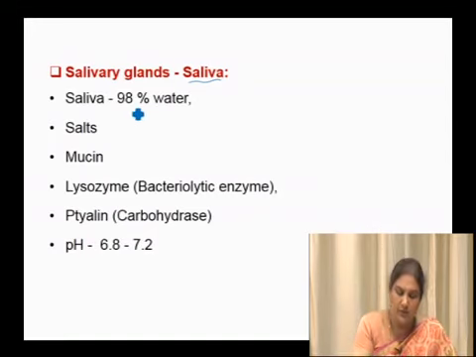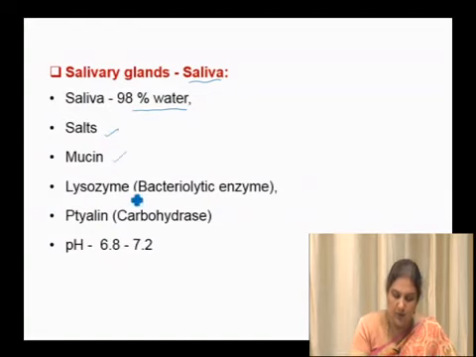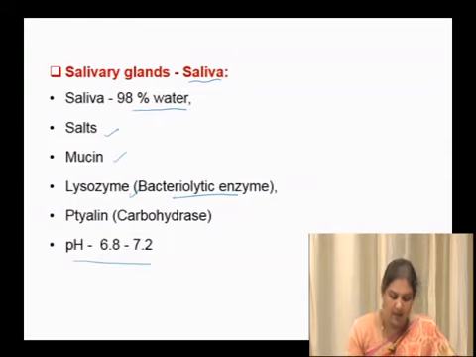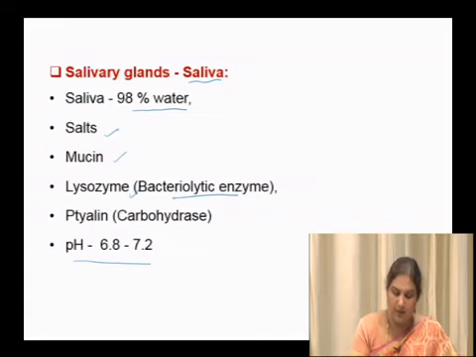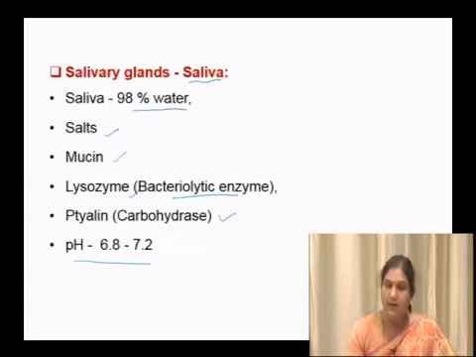The composition of the saliva is 98% water, the remaining is salts, mucin, lysozyme, a bacteriolytic enzyme, and ptyalin, which is a carbohydrate-digesting enzyme. The pH of the saliva is 6.8 to 7.2. It is neutral. Only at this particular range of the pH can the enzyme work upon its substrates.